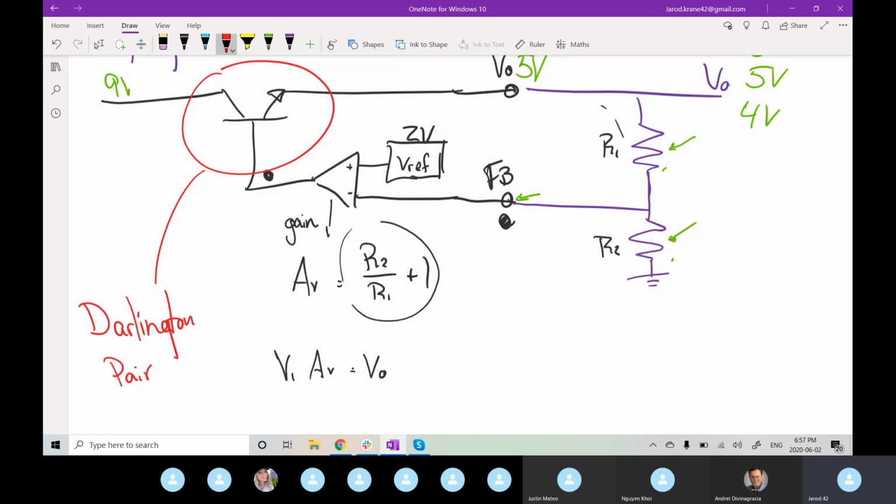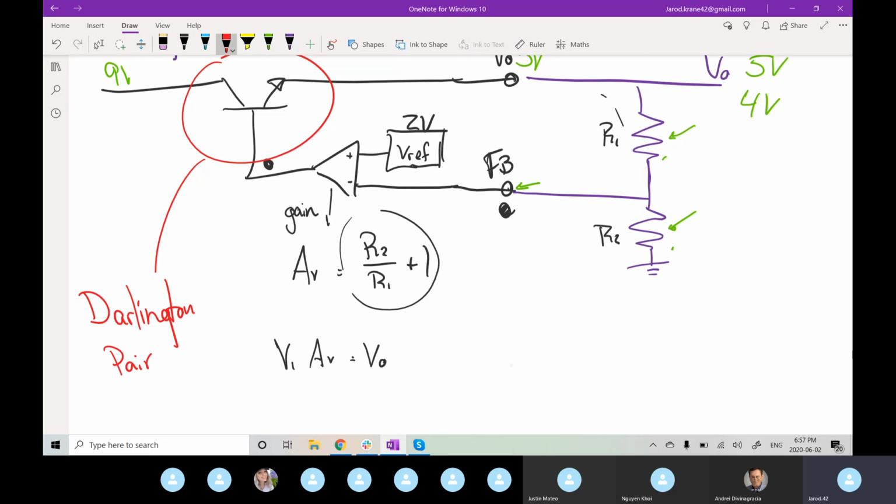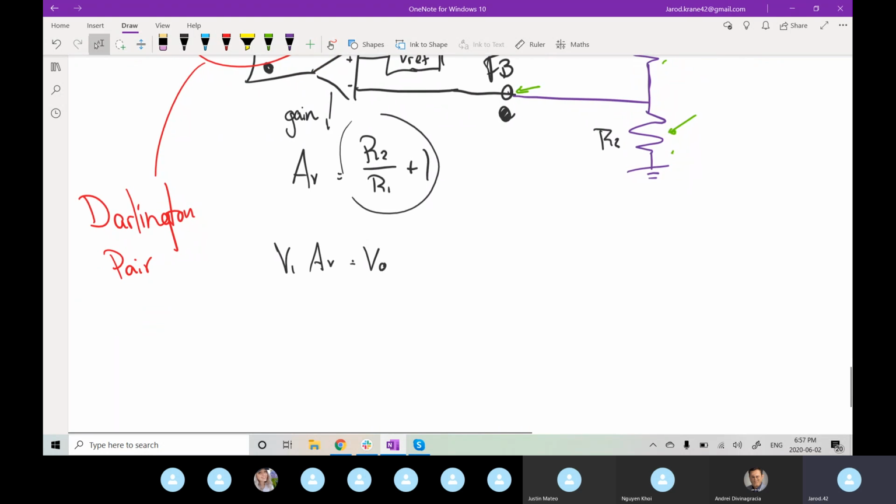This is so that we're able to allow more current flow through the device. It can handle more power compared to just using a single transistor. The downside to the Darlington pair that we saw last time is your voltage drop increases.